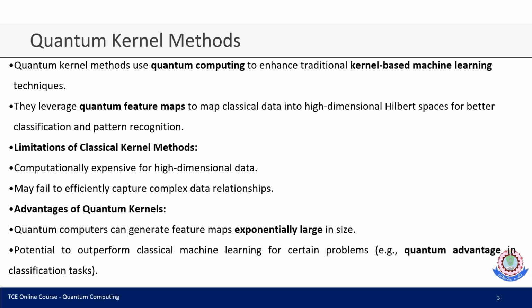The limitations of classical kernel methods are that they are computationally expensive for high-dimensional data and may fail to efficiently capture complex data relationships. There are also different kinds of advantages in quantum kernels. Quantum computers can generate feature maps exponentially large in size. The second is the potential to outperform classical machine learning for certain problems, for example, quantum advantage in classical tasks.